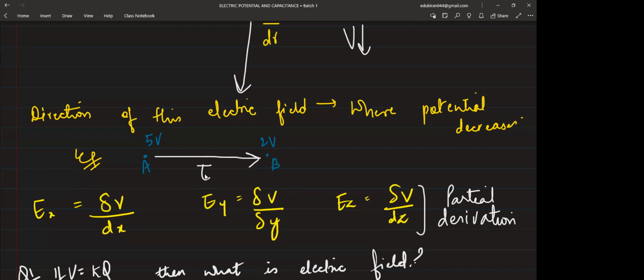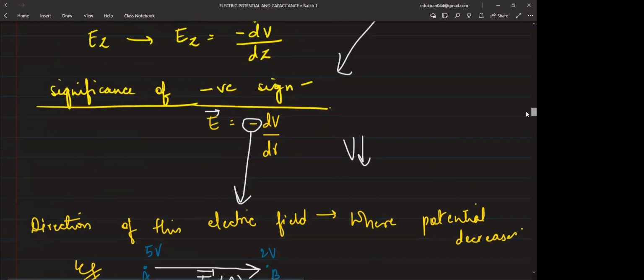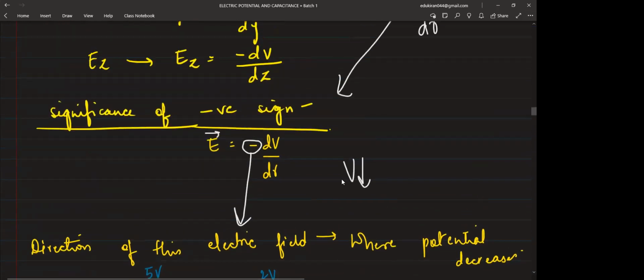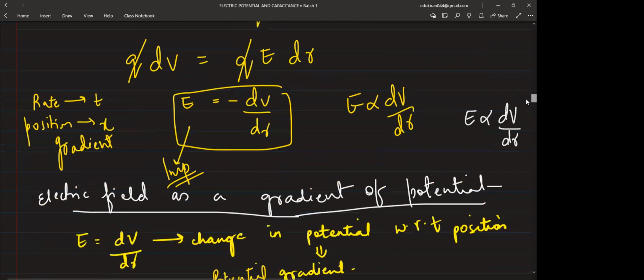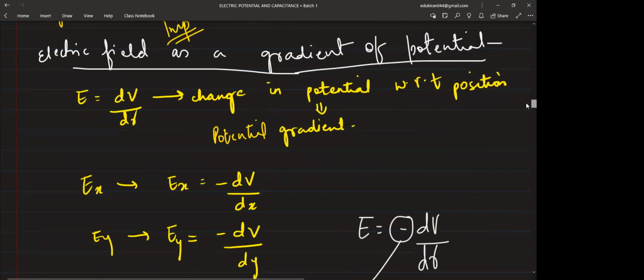This will be the direction of electric field, that is towards i cap. So this is how you decide the direction. To represent this in the formula, we have this negative sign, to show electric field will be wherever potential decreases. Had it been wherever potential increases, we would have used plus, but it is wherever the potential decreases, so we use negative. Write it first, then we'll see some other things.